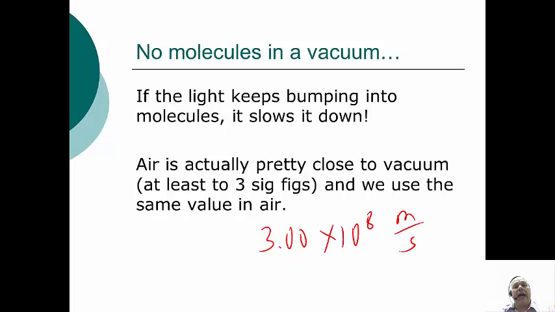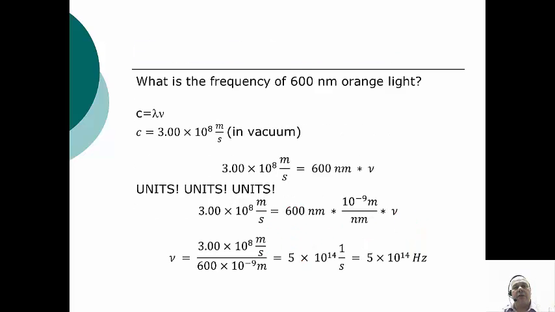And so I can define my light two different ways, right? I can talk about its frequency, the number of waves per second that pass by, or I could talk about the length of a single wave, the distance between two peaks. But they're interchangeable, right?